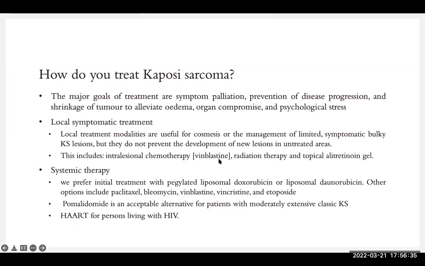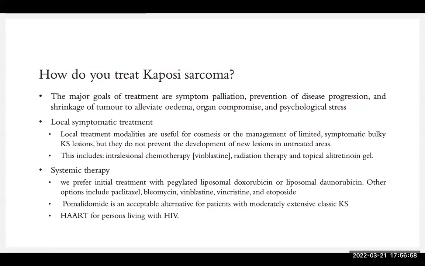There's vinblastine, but we still also have doxorubicin and daunorubicin. I can't remember the other one, but it starts with D. Those are the ones we tend to use for intralesional chemotherapy.